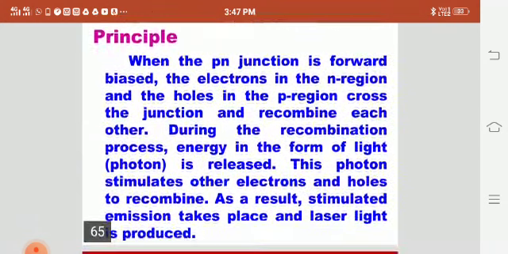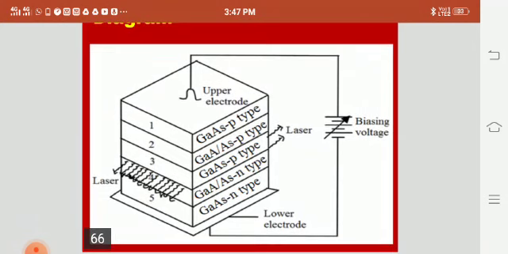Now we can see the heterojunction laser diagram. Here we have different types of materials: gallium arsenide as p-type, gallium aluminum arsenide as p-type, then gallium arsenide p-type material, then gallium aluminum arsenide n-type material, gallium arsenide as n-type material, which are sandwiched, and both are connected with electrodes, upper and lower.